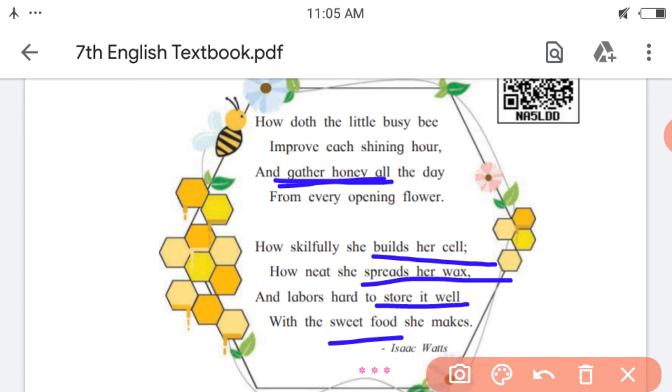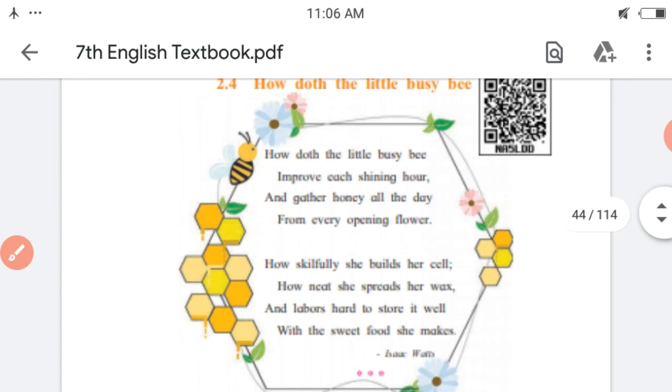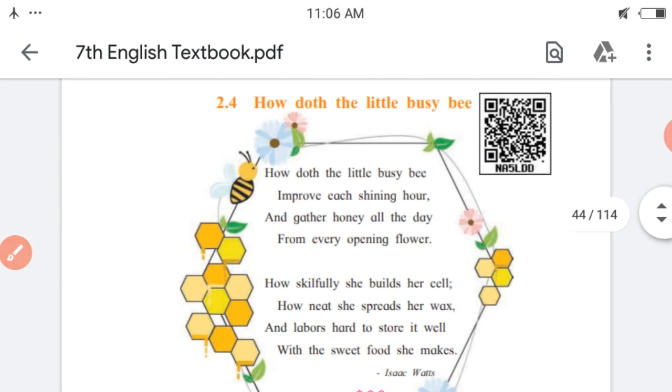They show the importance of unity and the importance of organization, and they give us a message. Honeybees give us the message to stay united, to stay organized, and to work hard throughout the whole day. Continuously we must be busy in working so that we can achieve our goal.